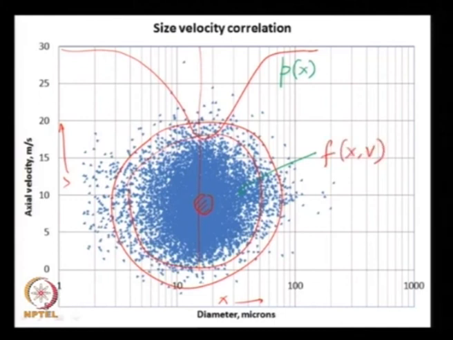These dots, if I process them appropriately, give me f of x comma v.